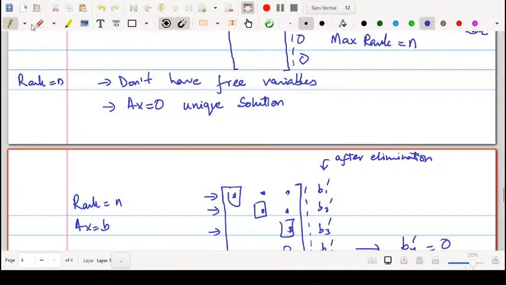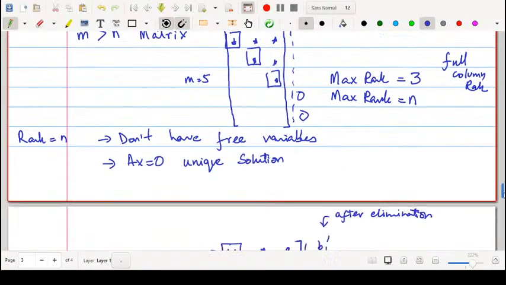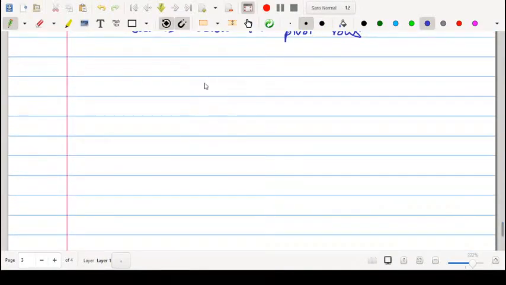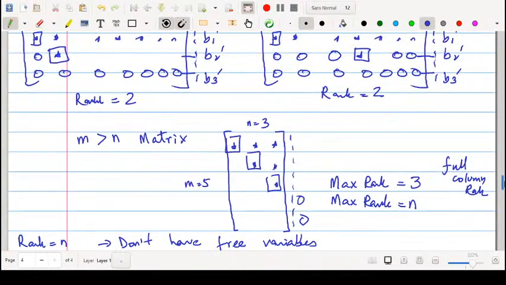That's what happens when you have a full column rank matrix, this tall matrix, right? There's just one last case to discuss, and that's the case when your rank is less than n. We knew that the maximum rank can be n, but the possible ranks can be less than n.